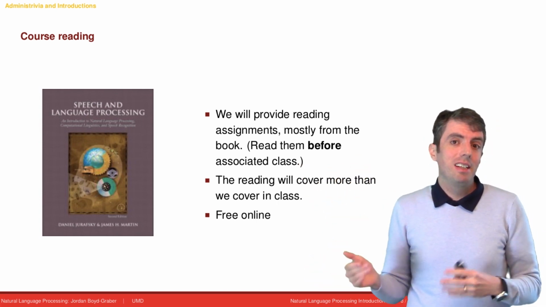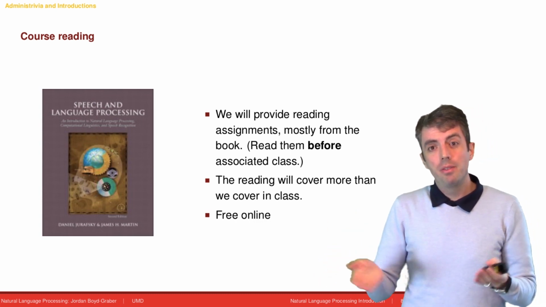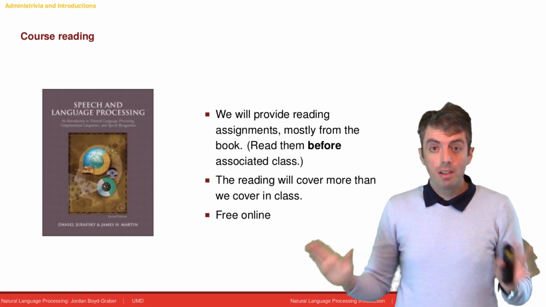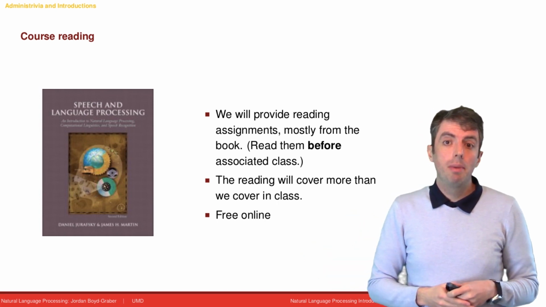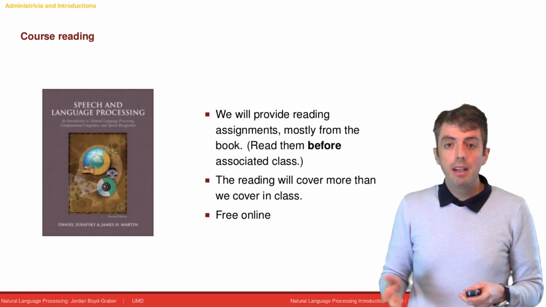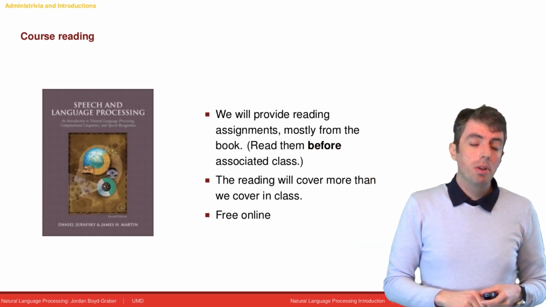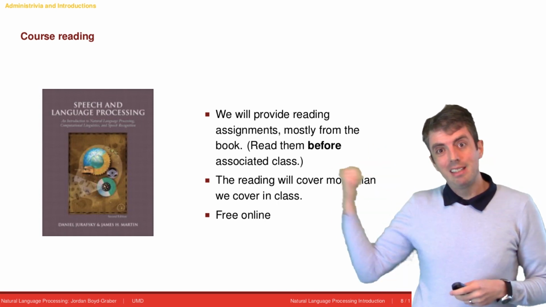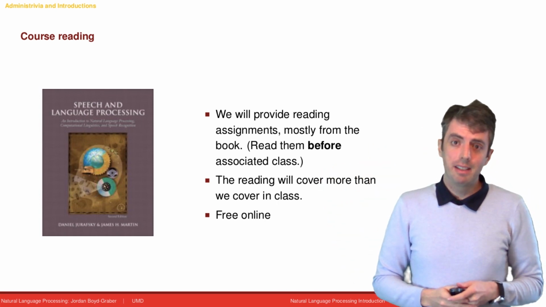The book isn't finished yet, so there are some chapters that are not available. For those chapters that are missing, I'll supplement that with other reading from the web. So, long story short, no textbook that you have to buy. All of our reading will be online. But if you want to buy the old 2nd edition of this book, you can probably find it relatively cheap, but the official thing that we'll be reading is the 3rd edition, which is not available in print yet.